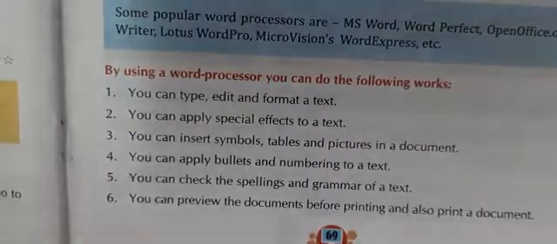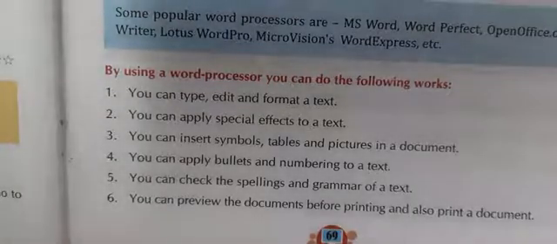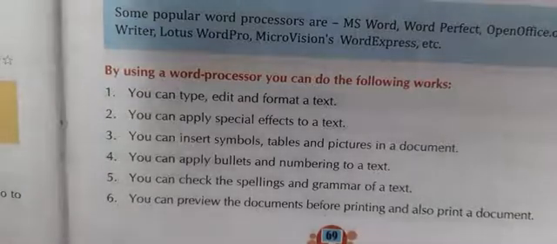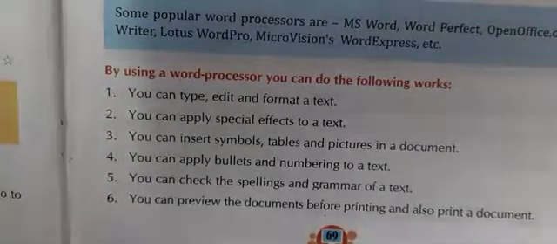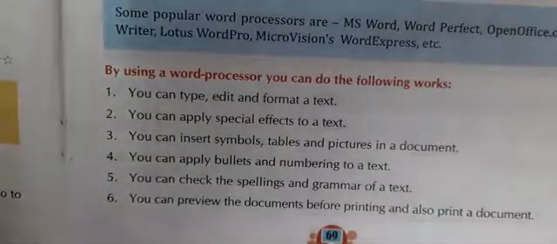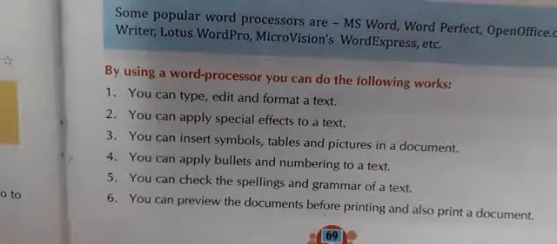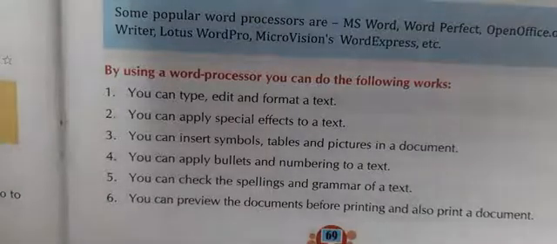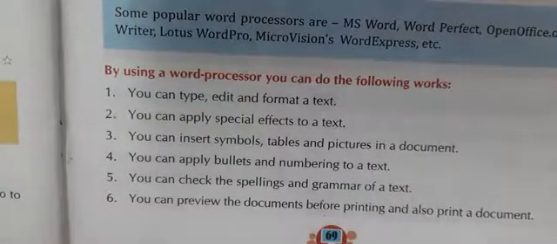For formatting, I have told you that formatting means changing the appearance of the text. Next, we can apply special effects to the text, like borders, shading, shadow. We can color the text also.